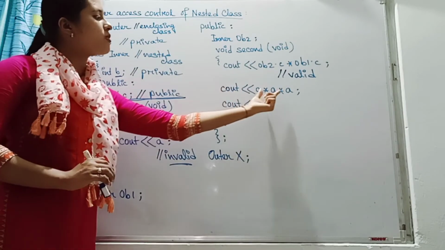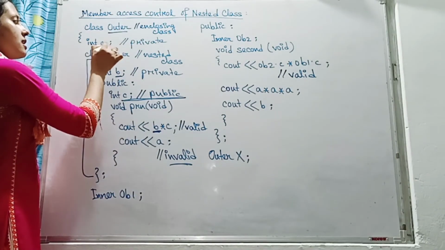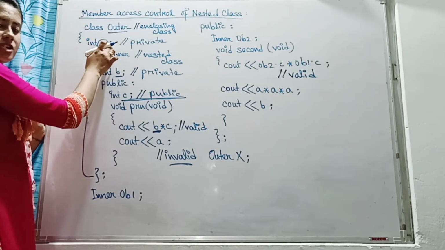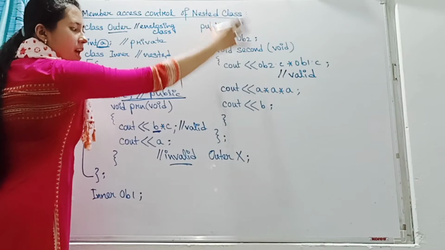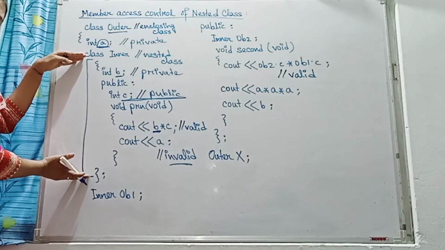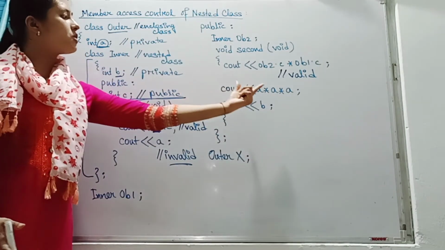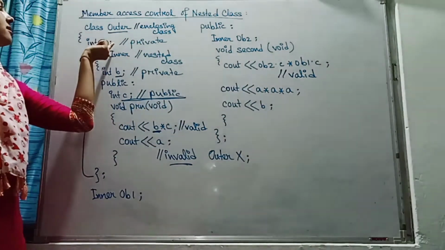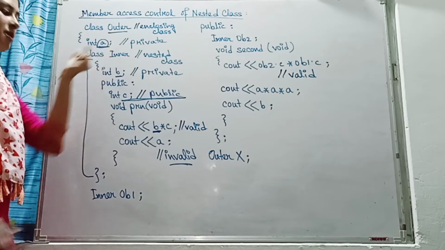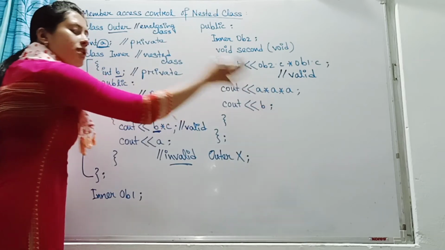Now come here, cout A into A. A is declared in the outer class's private section, and this is my outer class, because my inner class is up to this one. After that the inner class is over. Now my outer class is running. So in the outer class we can easily access the private member because it belongs to the same class.